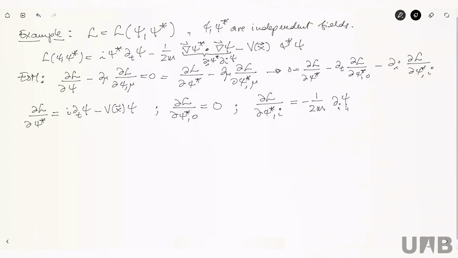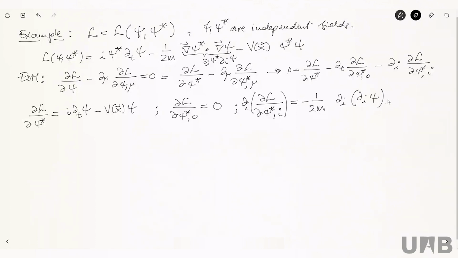And so if I now take the derivative, here I have to take the derivative with respect to xi of this thing. So this is the derivative with respect to xi of this thing. This is going to be derivative with respect to xi of the derivative with respect to xi of psi, right?